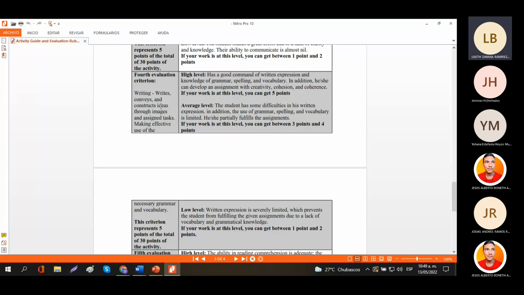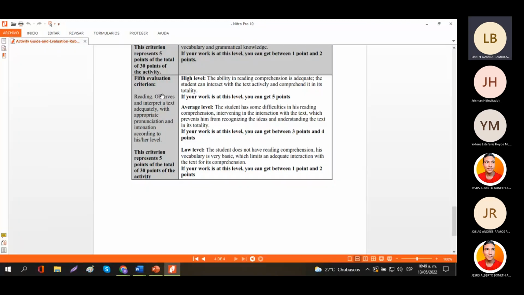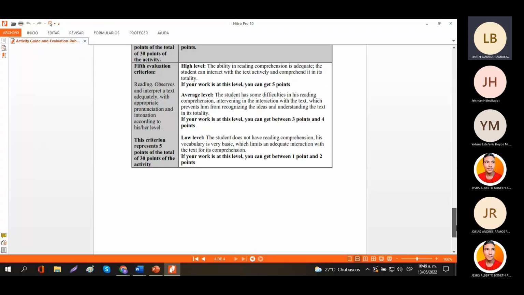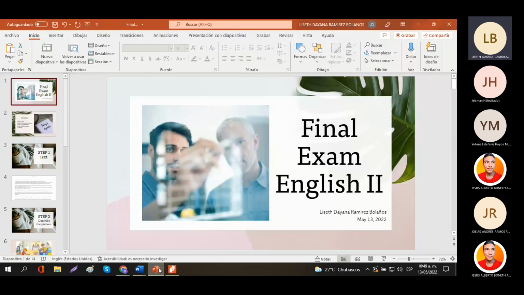And finally, the fifth criterion, reading: observes and interprets text accurately with appropriate pronunciation and intonation according to his or her level. This is all. Okay, let's start with the exam.